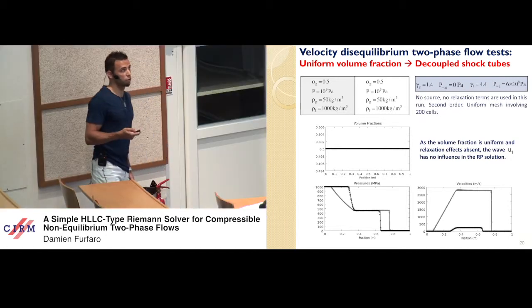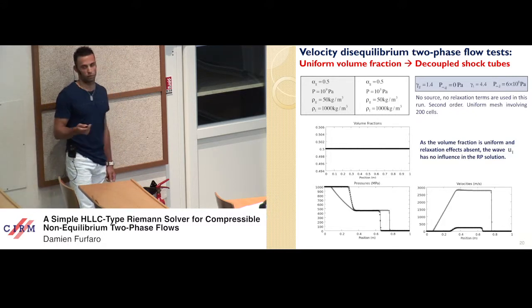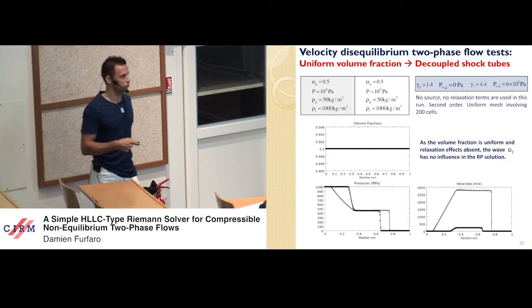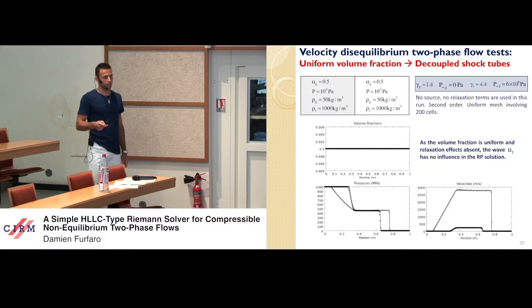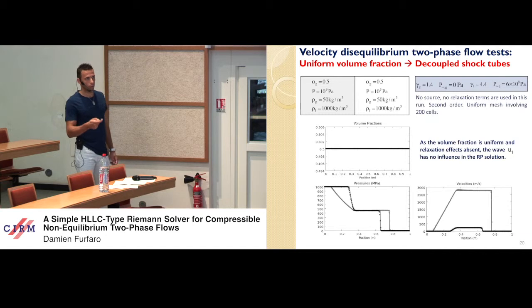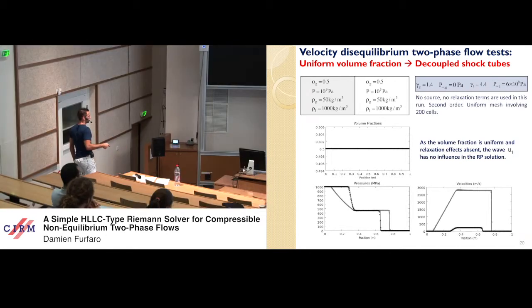As the volume fraction is uniform and relaxation effects absent, the wave UI, interfacial velocity, has no influence in the Riemann problem solution. If we consider the pressure, we can see the water curve with dark symbols, and the gas pressure with gray symbols. And we can see a perfect agreement with the exact solution.